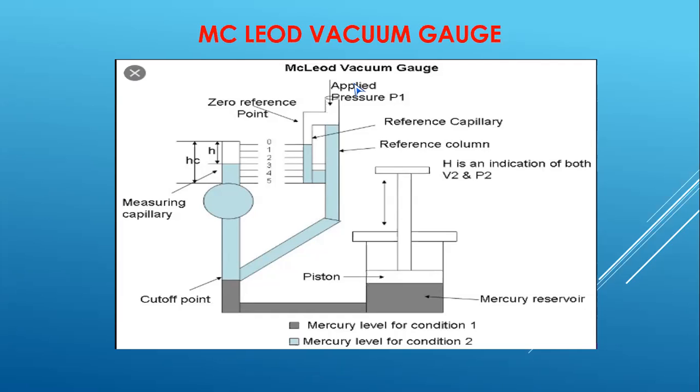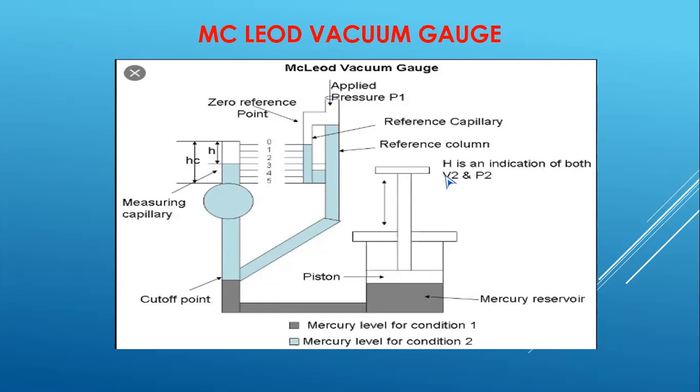P1, negative pressure source. H is an indication of volume V2 and pressure P2. That is, after connecting the negative pressure source here, what is the volume and what is the pressure. V2 and P2 are the volume occupied by the mercury in the container and the volume occupied by the container.